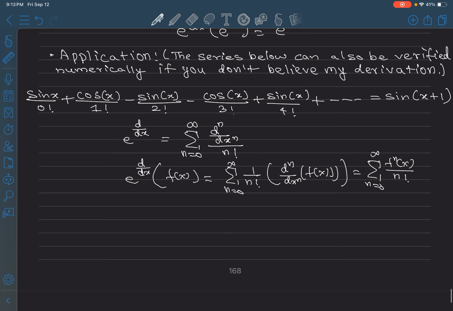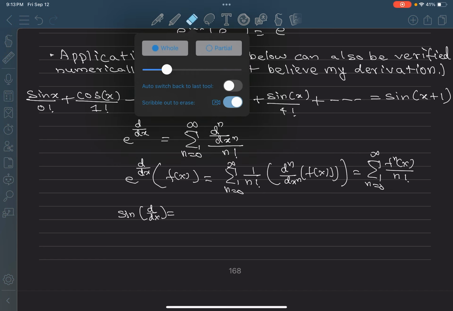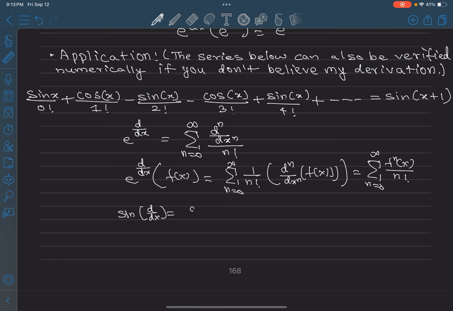Similarly, if you want to know how the operator sine of d dx works, it's also the sum from n equals 0 to infinity of, let me write it in the expanded form, that's more convenient. First of all, just the single differentiation operator, and then minus the cube differentiation operator divided by 3 factorial, and you know the pattern, right?